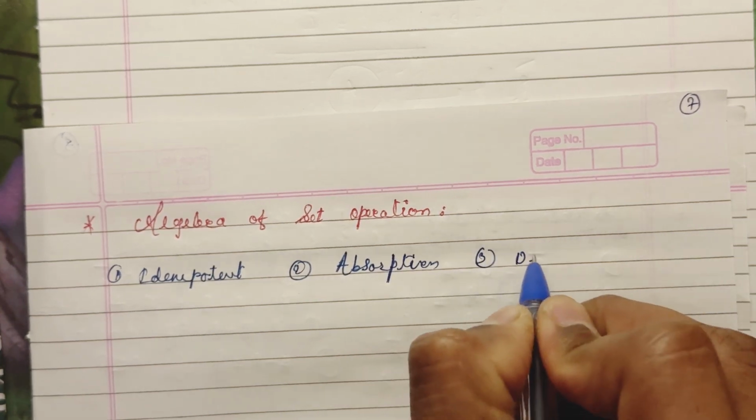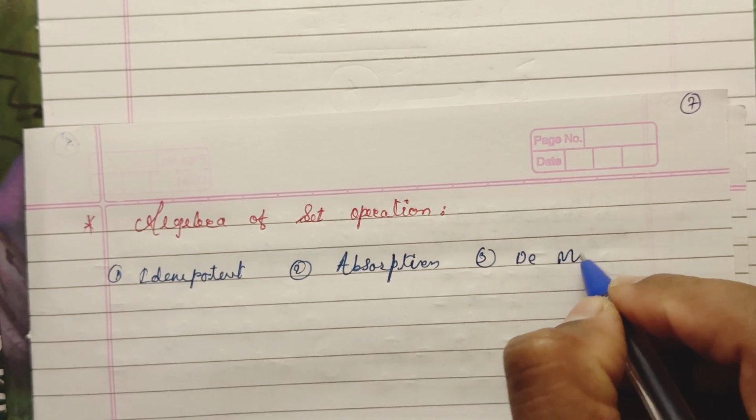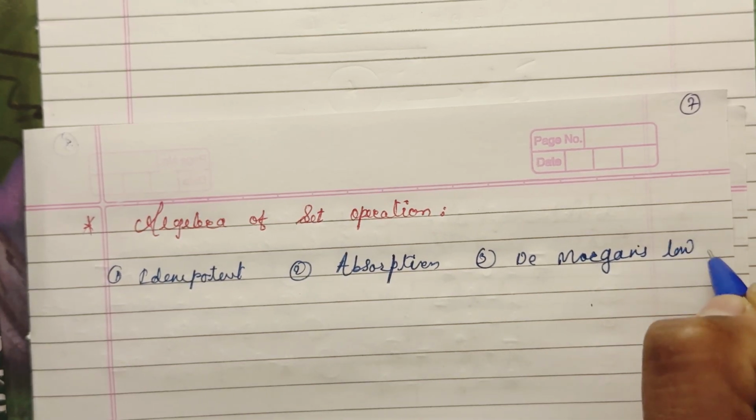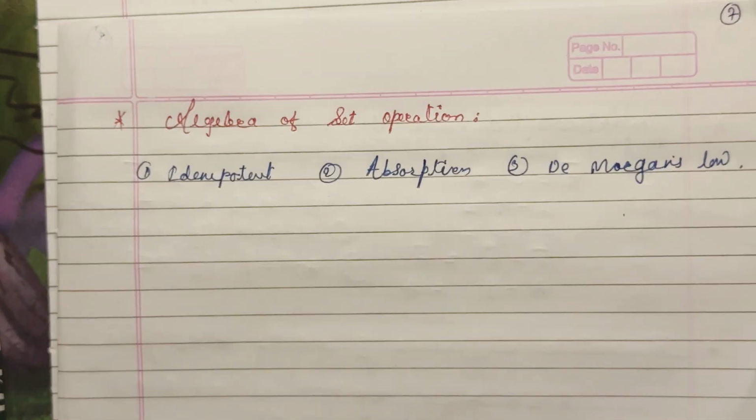These types of laws and rules you have already learned in previous classes. For understanding such properties and theorems, you are supposed to know some standard rules, so we are taking these in today's lecture.